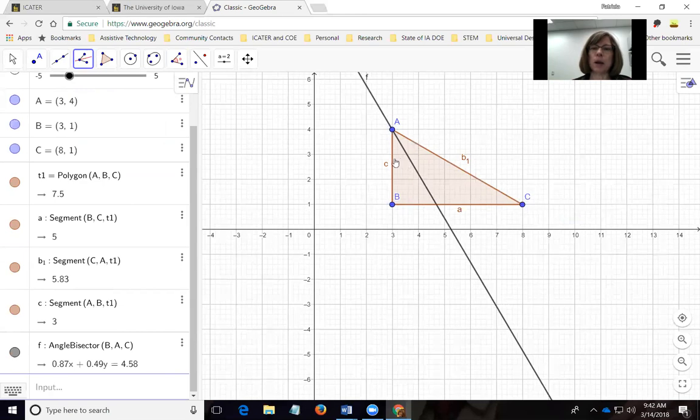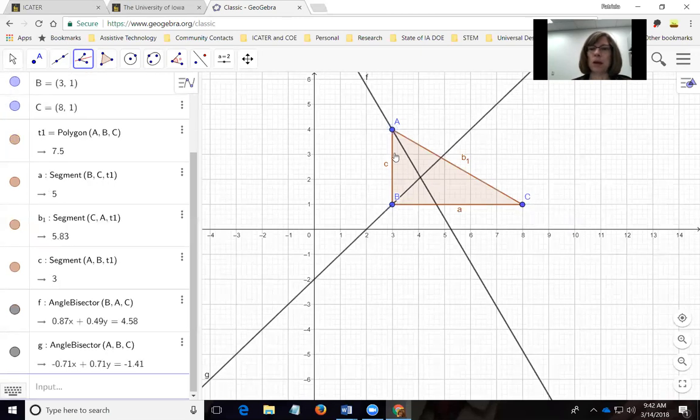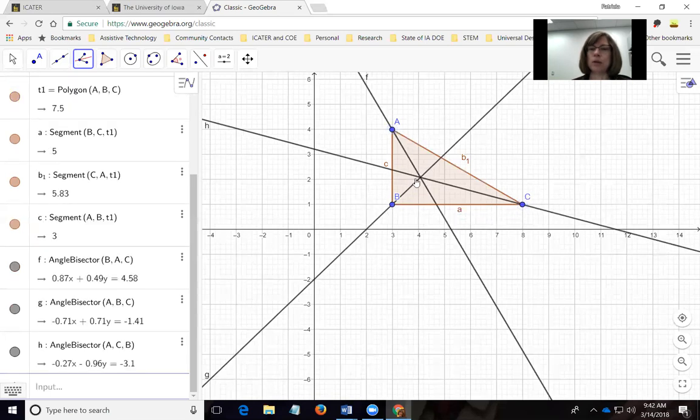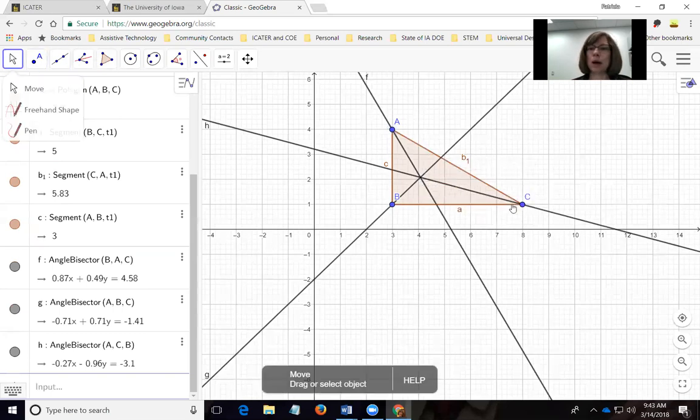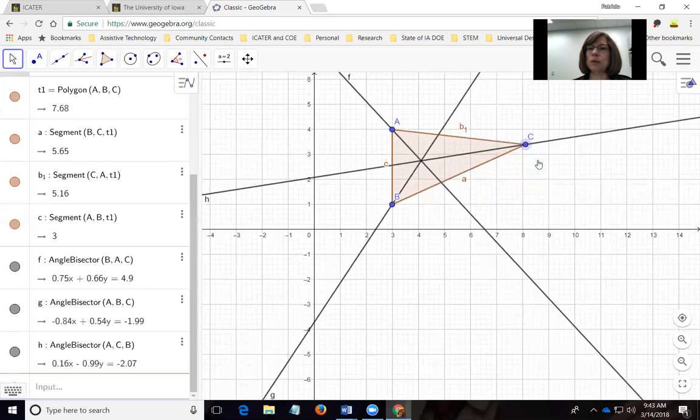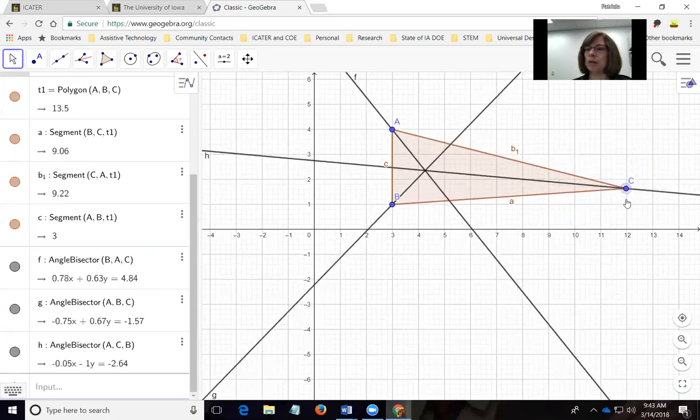So I've got to bisect that angle, and then let's see if we can bisect this angle. And then let's see if we can bisect this angle, ACB. So there's the center of my triangle. Now when I go back to my pointer tool over here, I can move this and it's live.